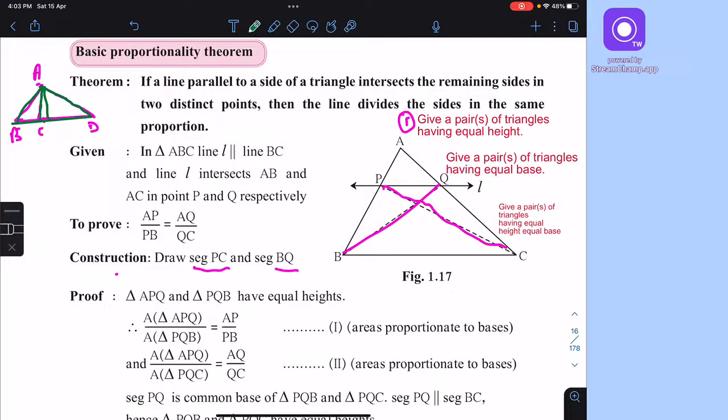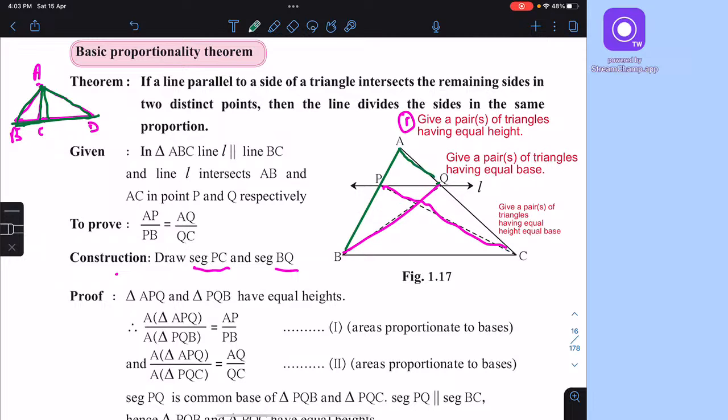You will find the same situation here, only that this BCD was horizontal, and here you have some slant. This APB is a slant side and Q is a vertex.